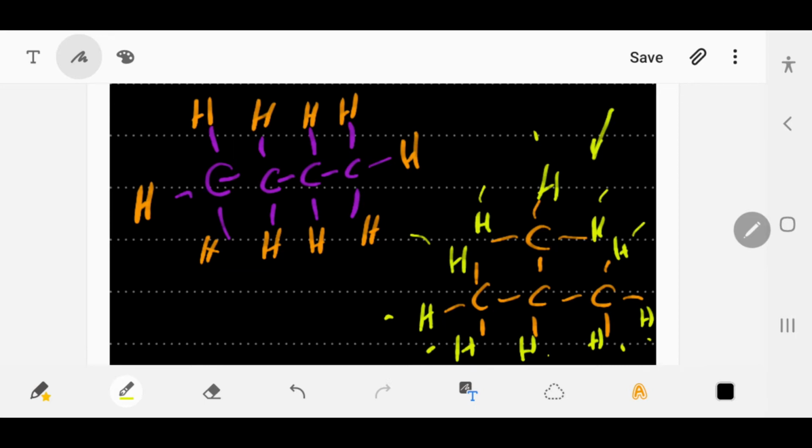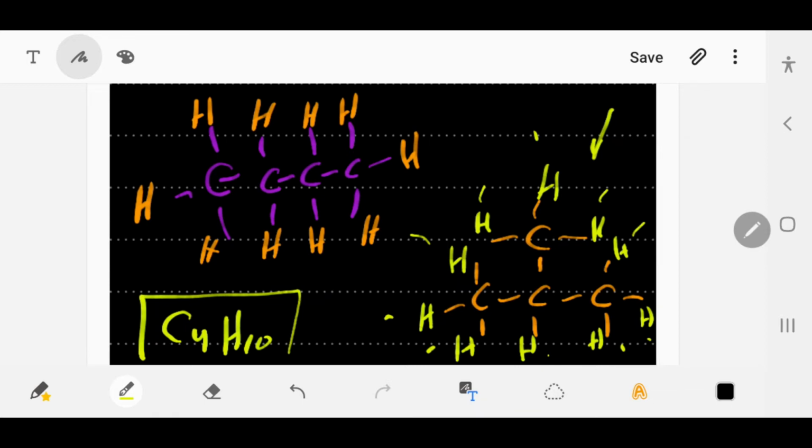This is what we call isomers. So isomers means that we have compounds that have the same molecular formula but with a different structural formula.